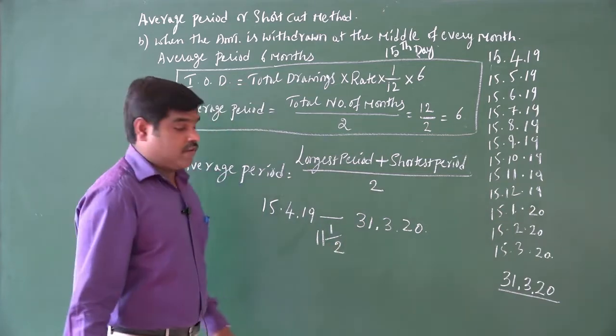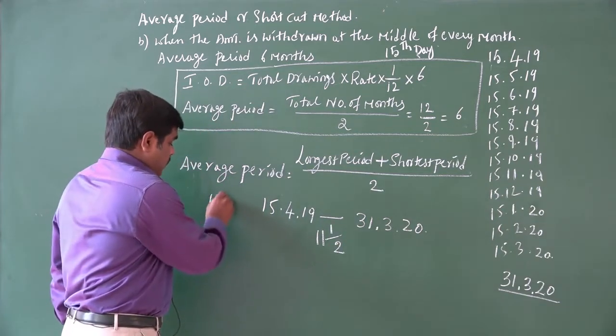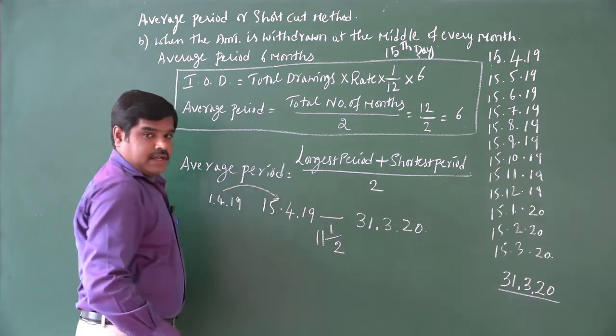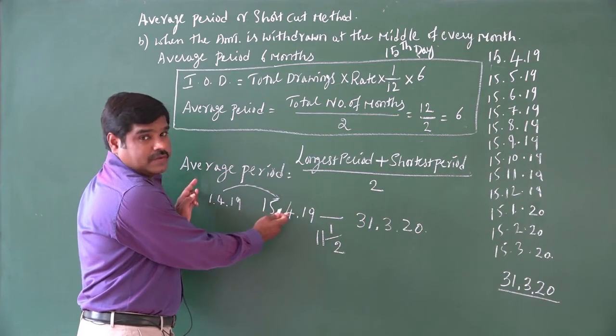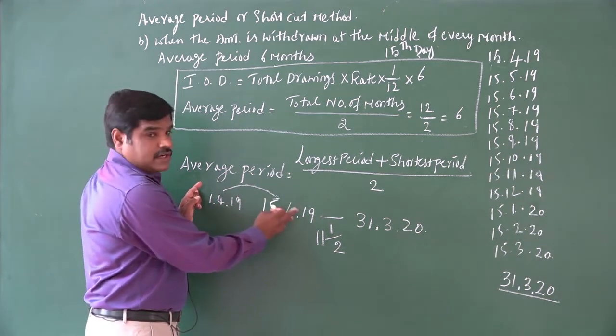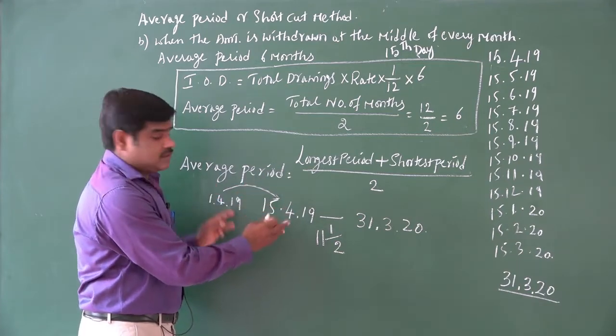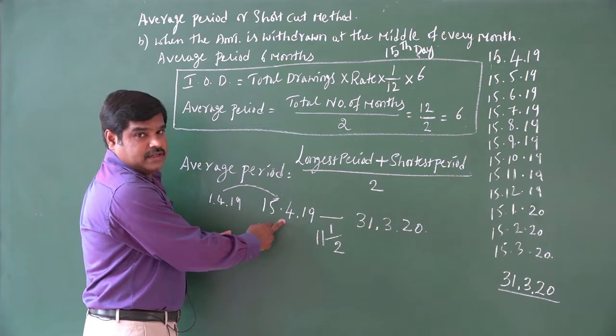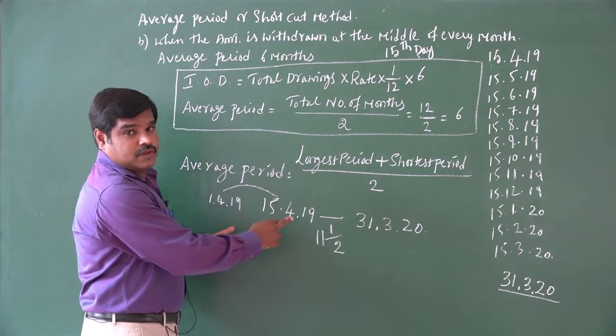How is it 11.5 months? From 1/4/2019 to 15/4/2019, interest should not be calculated. Why? Because the money is drawn on 15/4/2019.